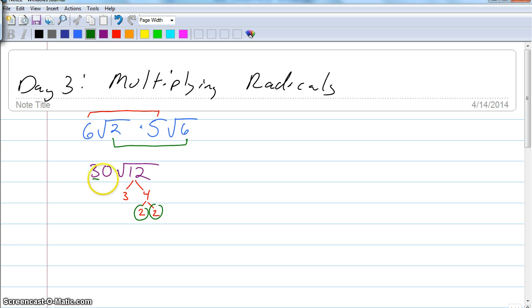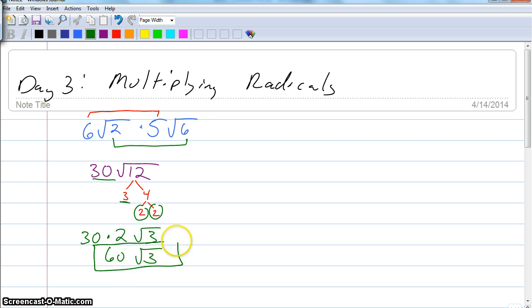However, there's already a 30 outside. So this is 30 times, and then a 2 comes out, and a 3 got left behind, root 3. So this is 30 times 2 root 3, which is 60 root 3. That's our final answer.